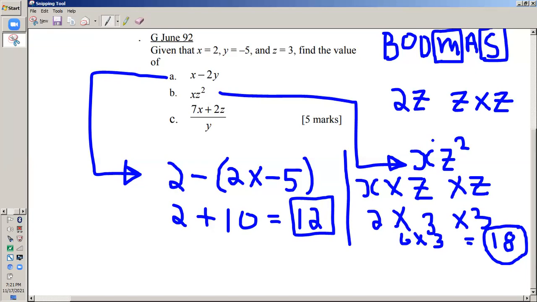They're two different things. Suppose z is equal to 3. Then 2z is 6, but z times z is 9. So z square means z times z. It doesn't mean 2z.